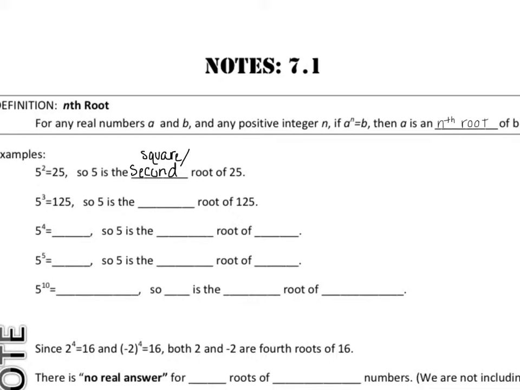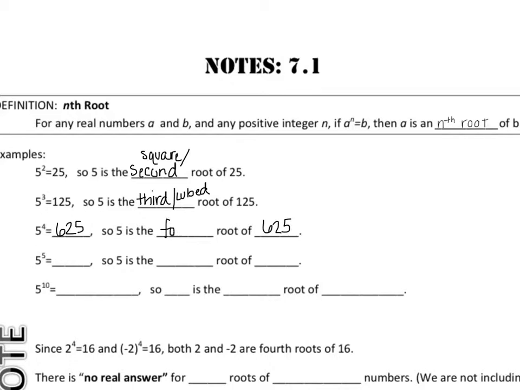So 5 cubed equals 125, so 5 is the what root of 125? Third. Or cubed, either way you want to say it. Okay, 5 to the 4th equals 625, so 5 is the what root of 625?